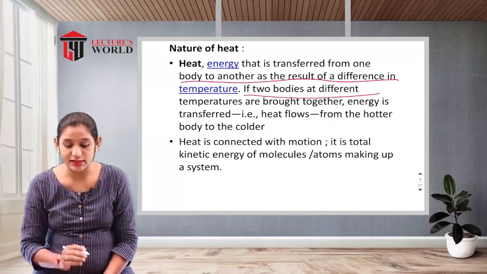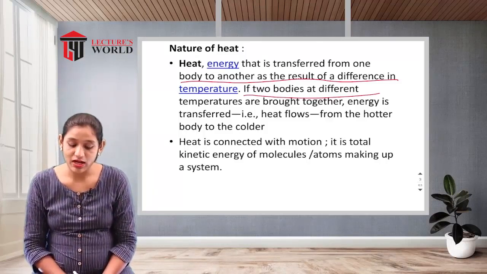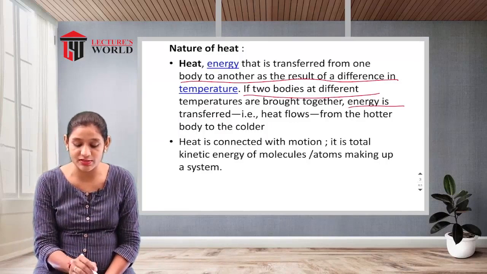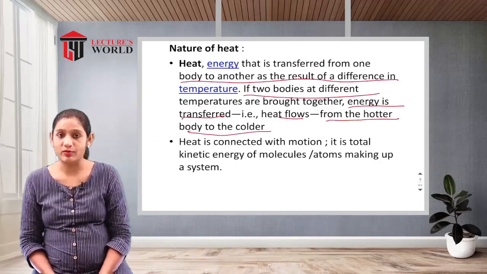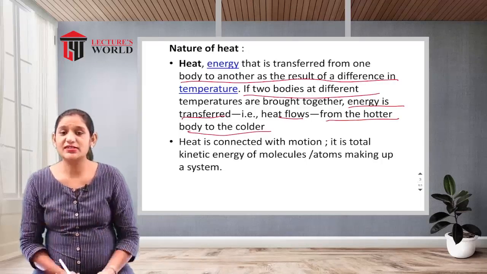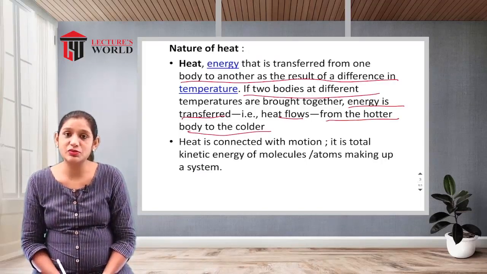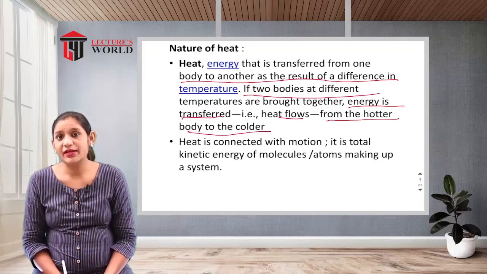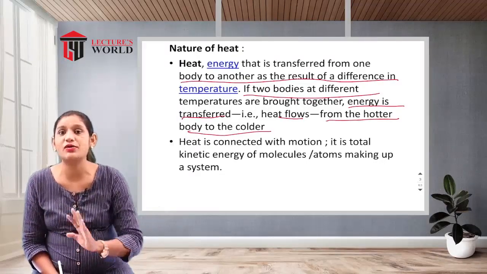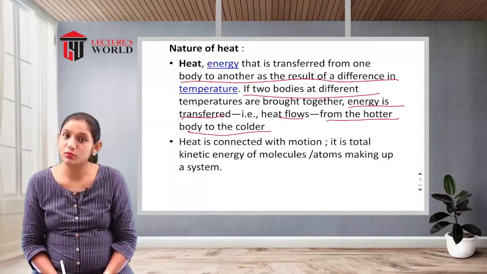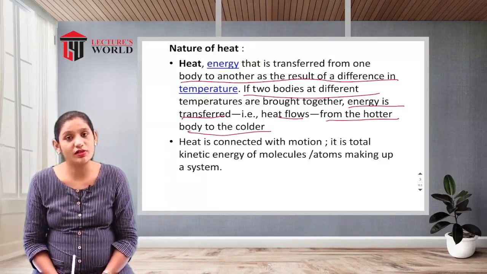If two bodies at different temperatures are brought together, energy is transferred, and heat flows from the hotter body to the colder body. Give an example related to our body's temperature. It is transferred from the hotter to the cooler according to the nature of the body and the nature of heat.